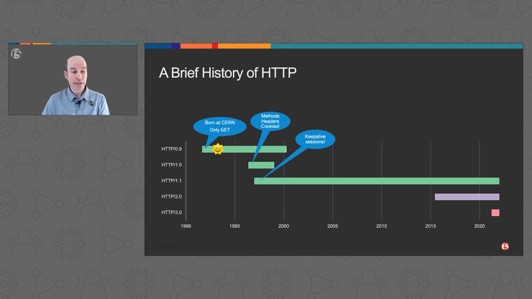As you can see, the timeline of HTTP 1.1 runs up until the present day and shows no sign of being superseded. But what did happen in 2015 is HTTP 2 came along, and this solved that problem of HTTP 1 having one TCP connection and multiple requests chained together by multiplexing multiple requests and resources, uploads and downloads on a single TCP connection.